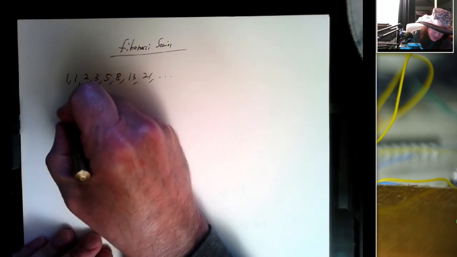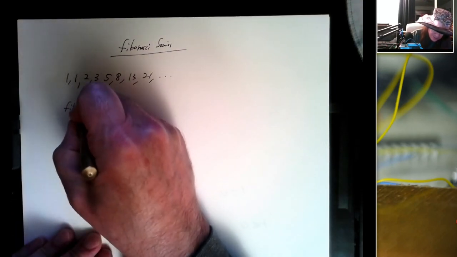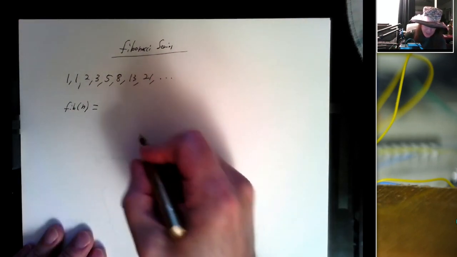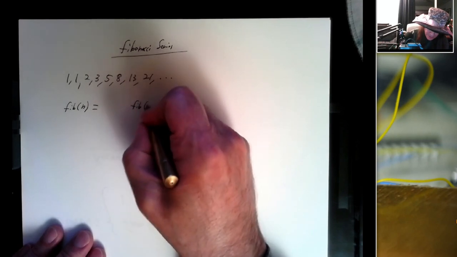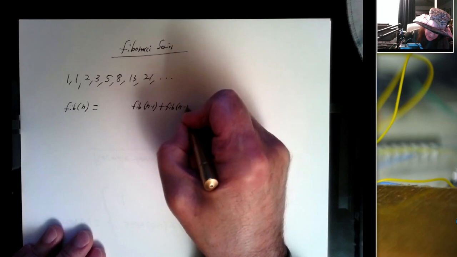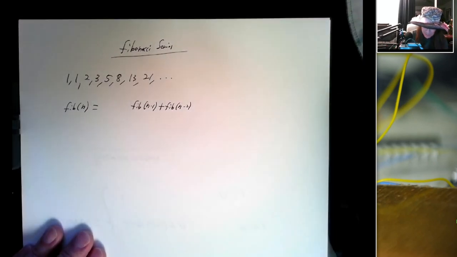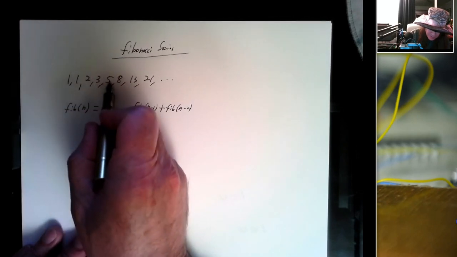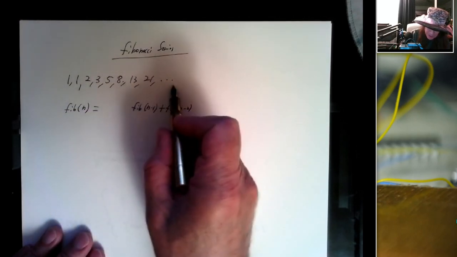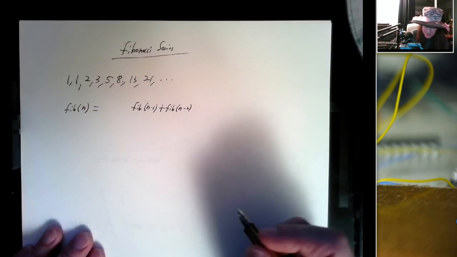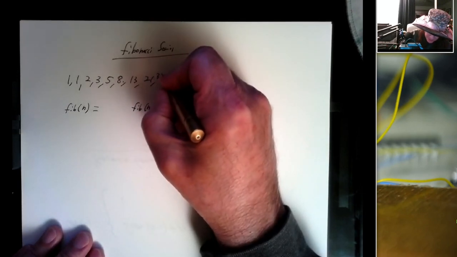And if we describe this with a function fib of n, the nth Fibonacci number is really just the n minus first number plus the n minus second number. So this is fib 1, 2, 3, 4, 5, 6, 7, 8. If I want to know what the ninth Fibonacci number is, it's just the sum of the 8th and the 7th Fibonacci numbers. 21 plus 13, this would be a 34.